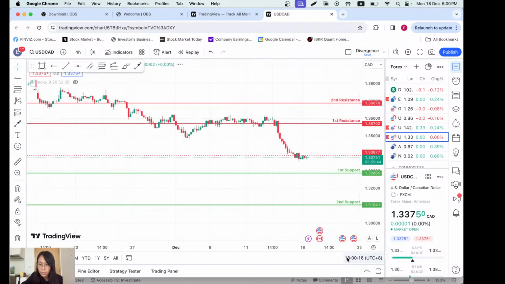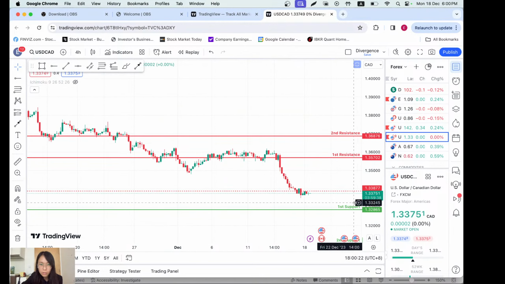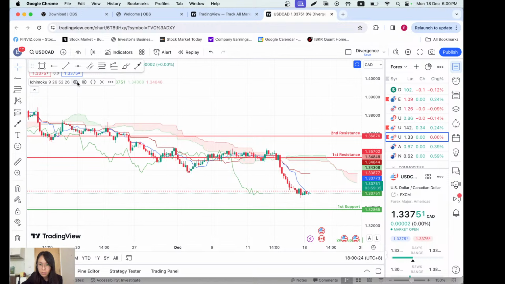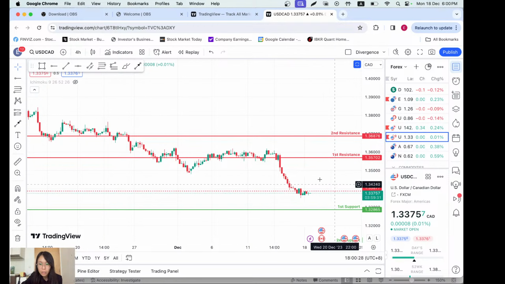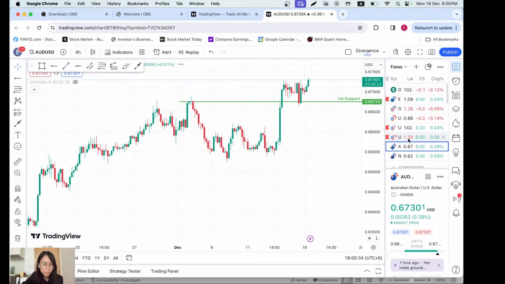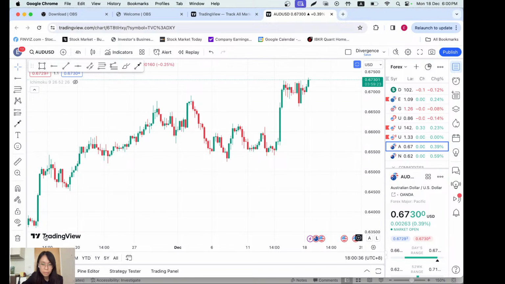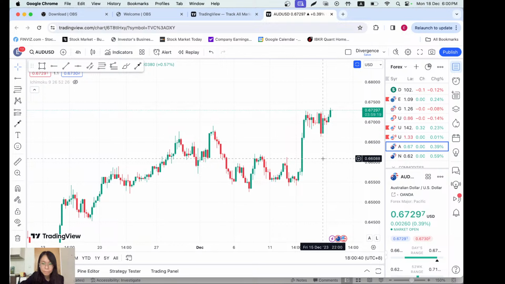Let's take a look at the H4 chart. It's also bearish, no signs of reversal yet. Next up, let's look at the Aussie dollar.